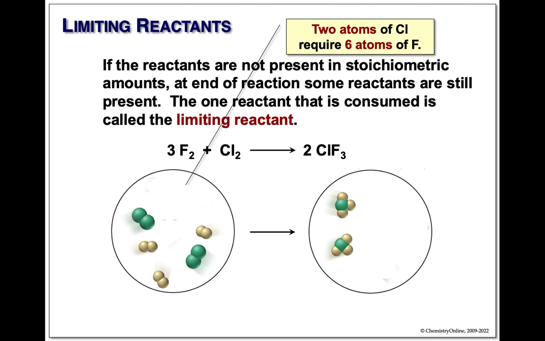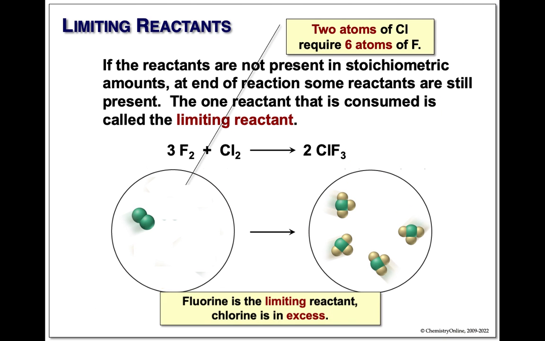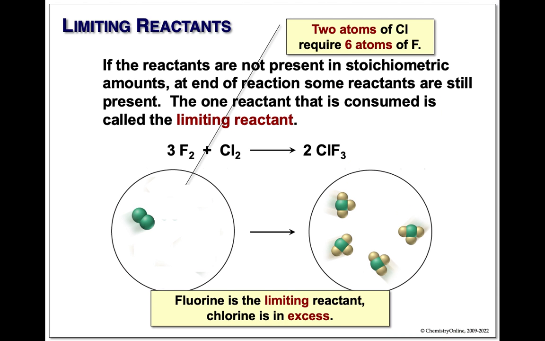Chlorine trifluoride. Let's take another chlorine, 3 more fluorines, 2 more. What was limiting? The amount of fluorine. We've used it all up. What's in excess? Chlorine is left over.